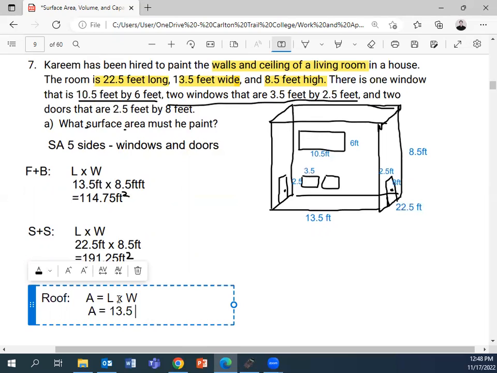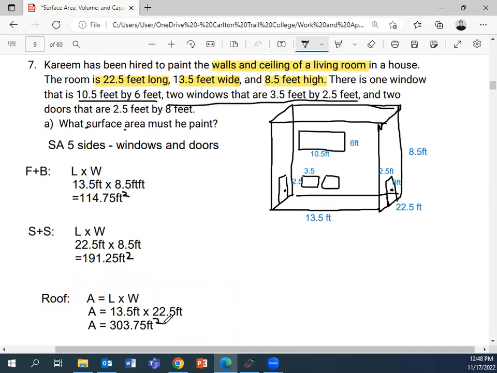You betcha. 13.5 feet times 22.5 feet gives me, I'm just gonna use my own calculator now, 22.5 times 13.5. 303.75 feet squared.